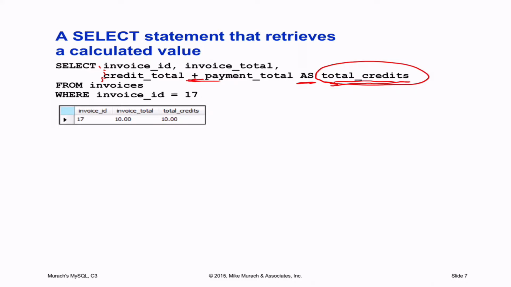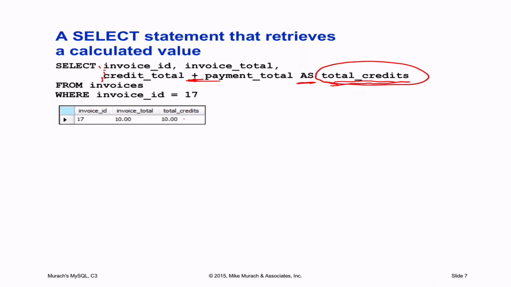We add these together, and the sum will be reflected as the total credits. Then we add in the from table, and here we're specifying we only want invoice ID 17. So it's only going to return that one invoice item, invoice ID 17.